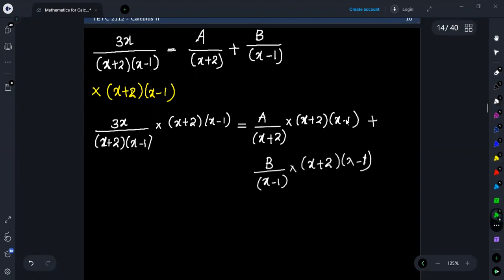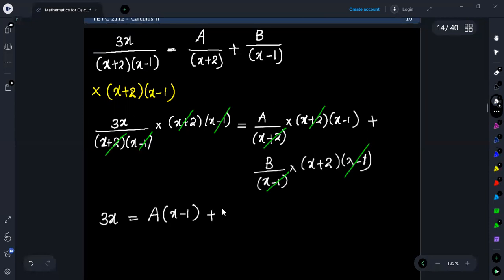Then the x plus 2 cancels with x plus 2, and the x minus 1 cancels with x minus 1, on each side. So we can write the remaining expression. On the left hand side, 3x is the only remaining part. On the right hand side, A times (x minus 1) plus B times (x plus 2). That is the expression that we have obtained by multiplying both sides by the polynomial q(x).